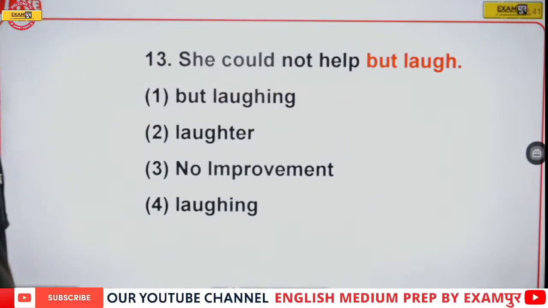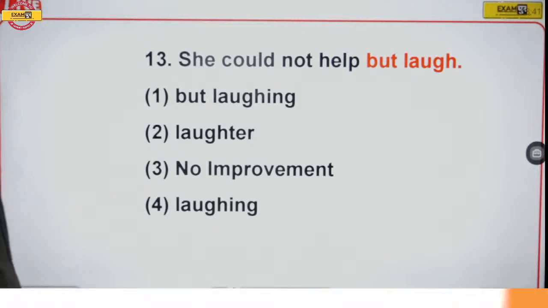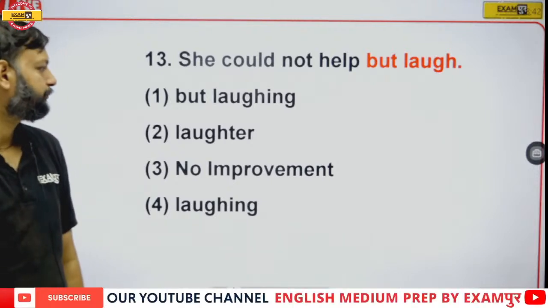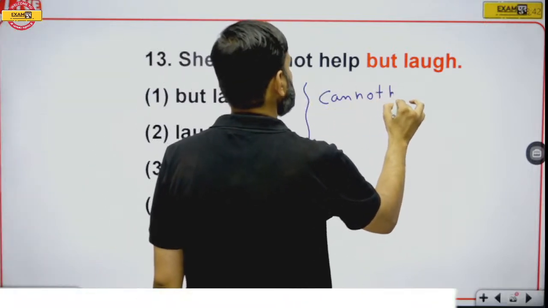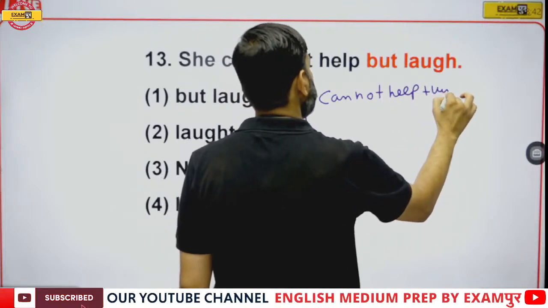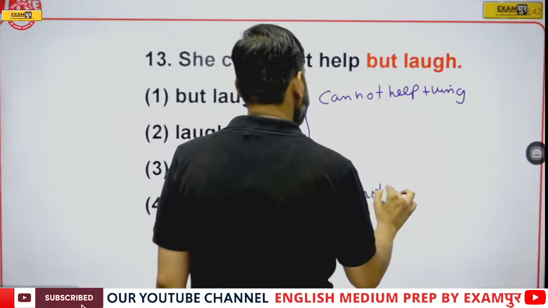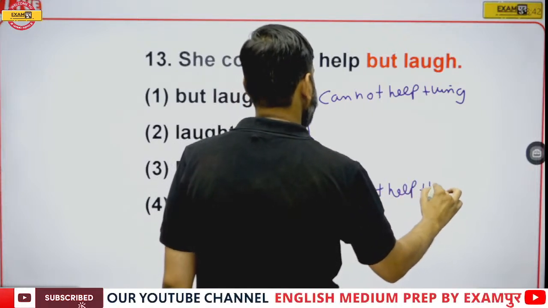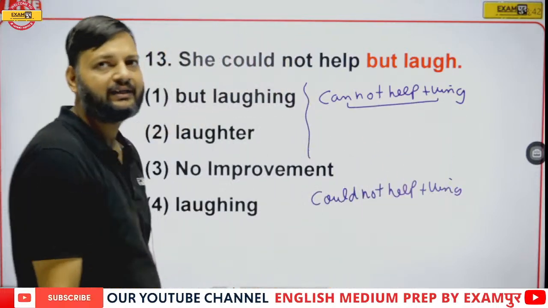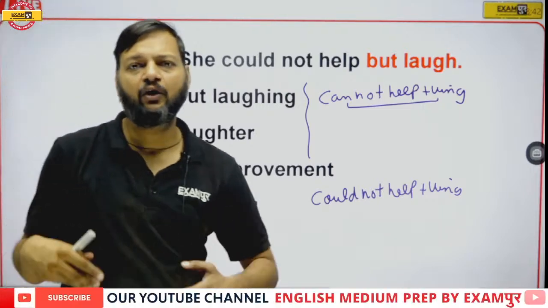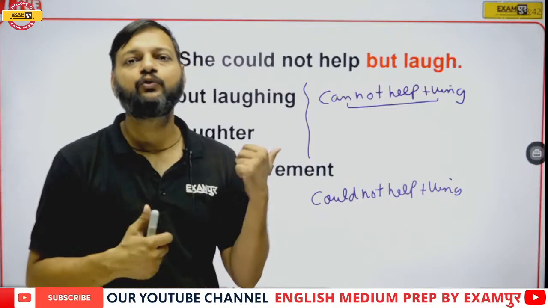Next one, she could not help but laugh. See, cannot help plus ing, or in past, could not help plus ing. Okay, this is a phrase. It means when we cannot stop from doing something, we use this phrase.